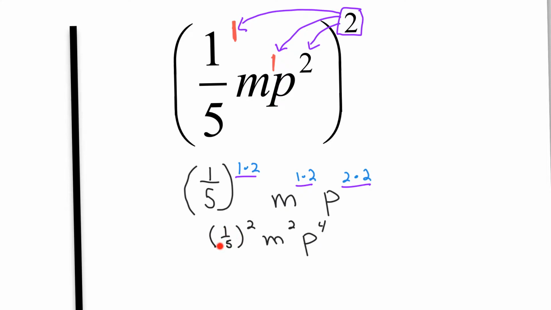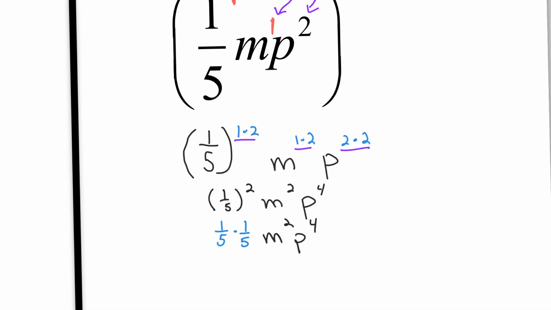You just need to know how to multiply those fractions. 1/5, which is a fraction, squared, means that you are multiplying that fraction by itself 2 times. So I am going to multiply 1/5 times 1/5. Notice, you just write it down 2 times. The variables will stay the same because you cannot simplify the m and the p, so you just keep it the same.